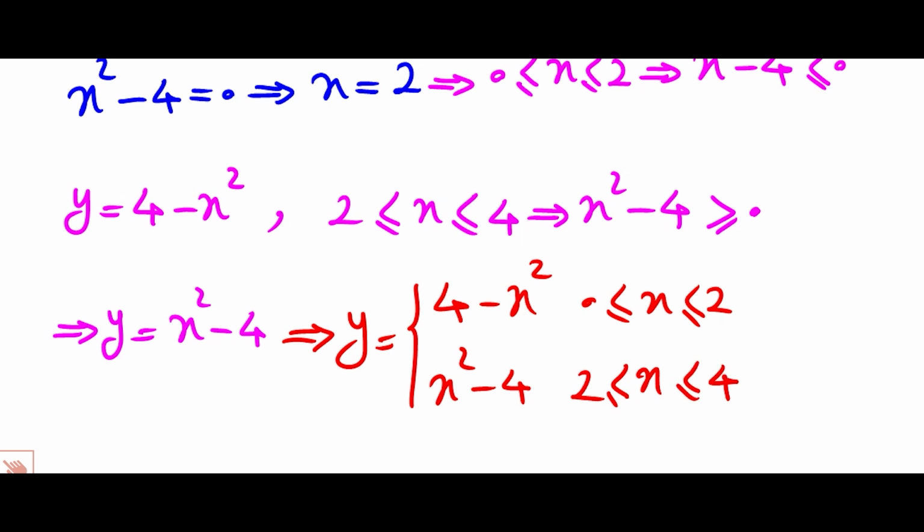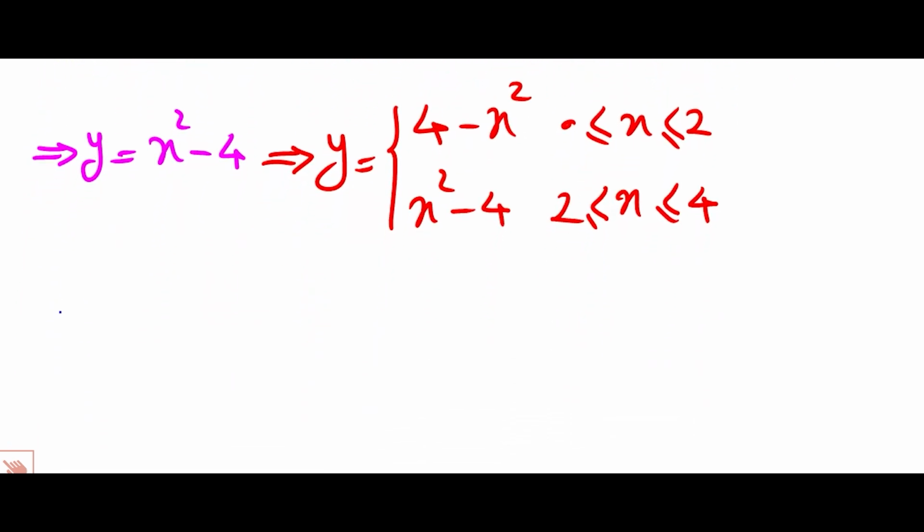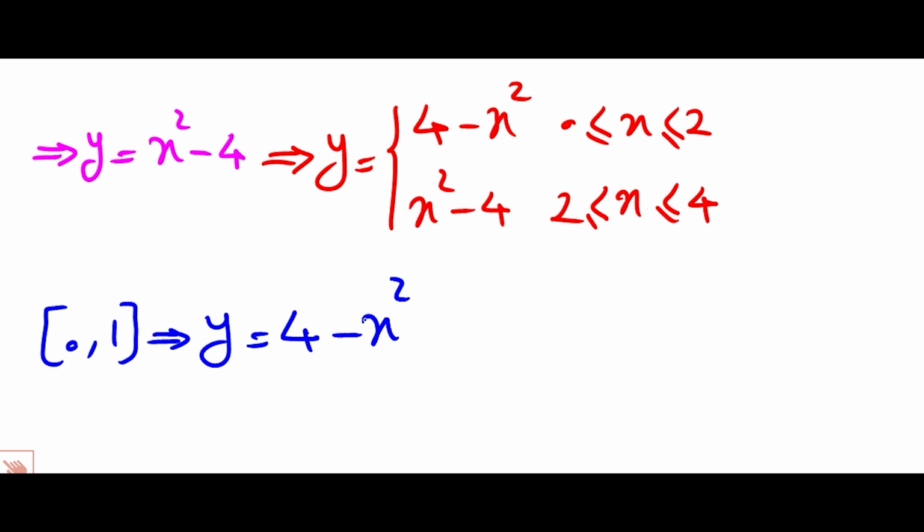Since we are looking for the lower sum, we need the minimum value of the function in each interval. So the first interval, 0 to 1: the function 4 minus x squared is decreasing, right?